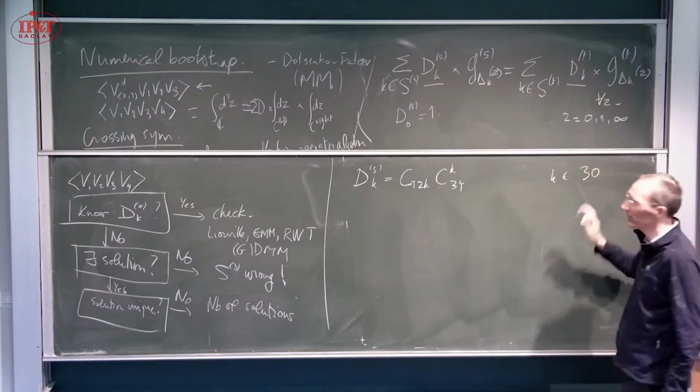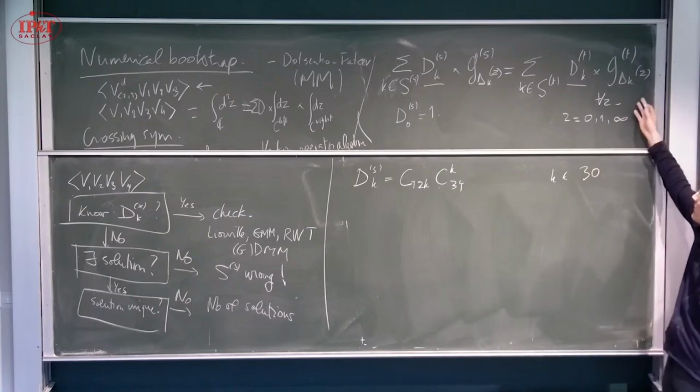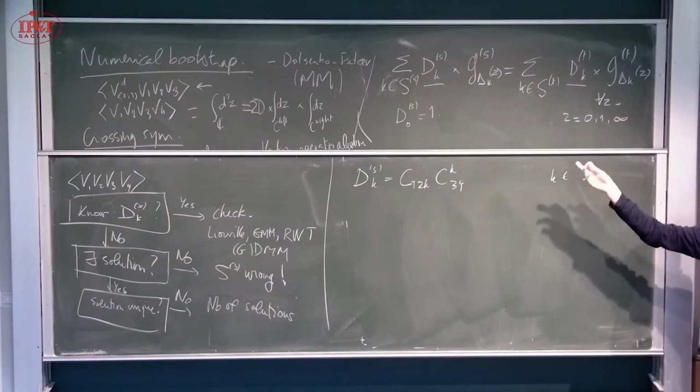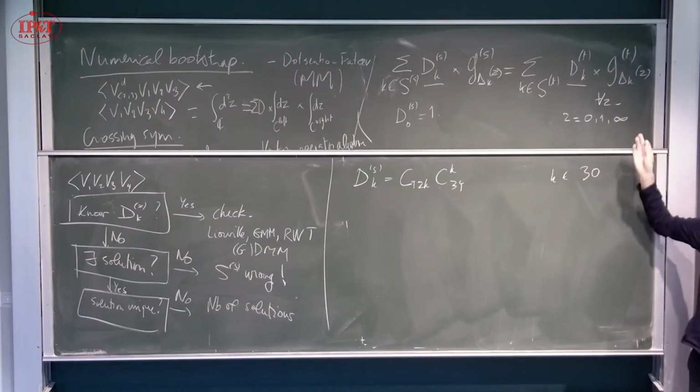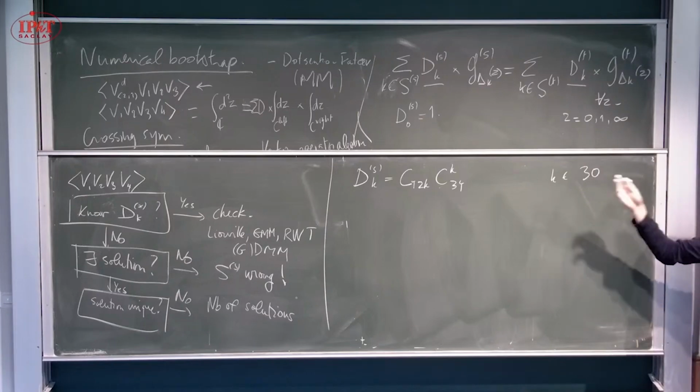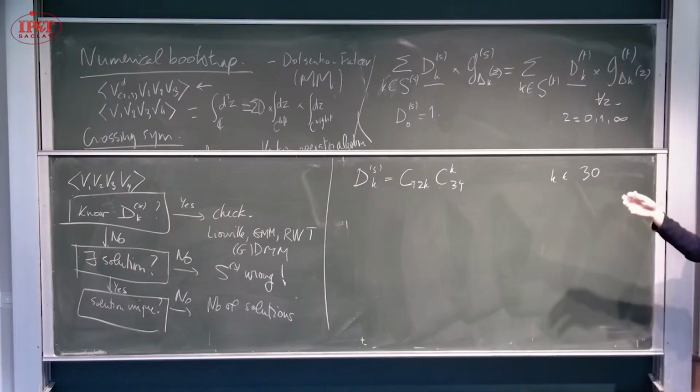K can take 30 different values. Then maybe you take 30 values of Z to get a solution. And then you have to check if this solution is still a solution when you take another value of Z, which is outside the first 30. So you take a 31st value, and that's how you evaluate whether this was a good solution.